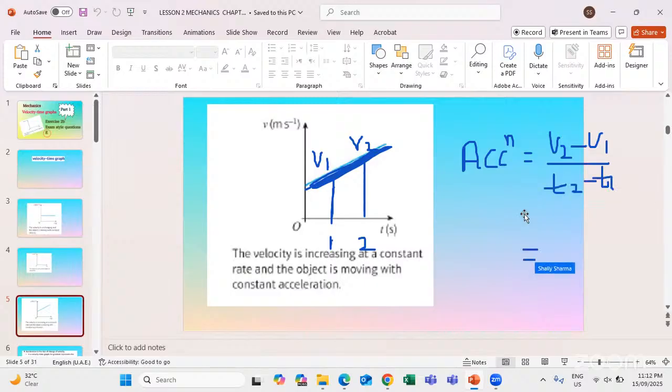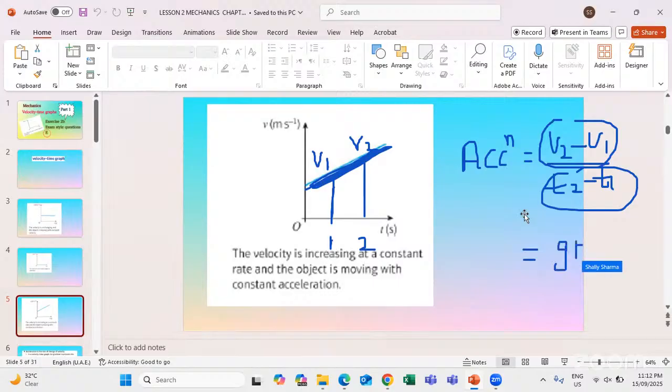So here, v2 minus v1 over t2 minus t1 is basically the gradient of this line, and the gradient of a straight line is always constant. Here it is a straight line, so its gradient will always be the same.